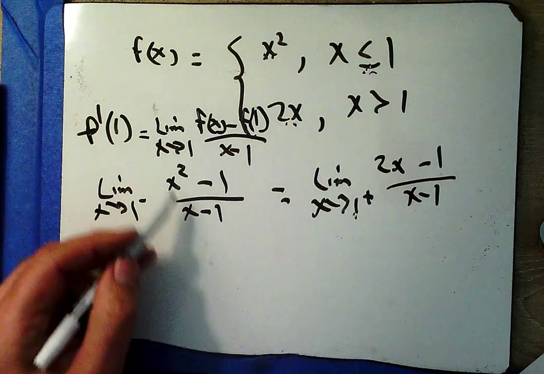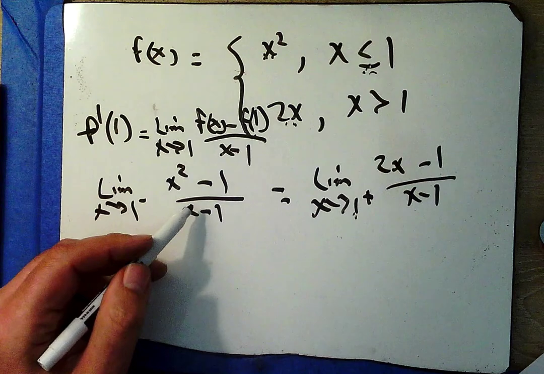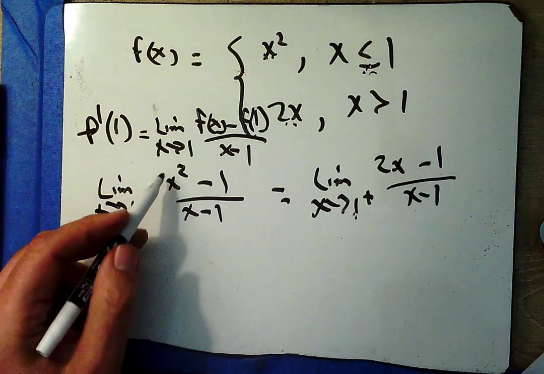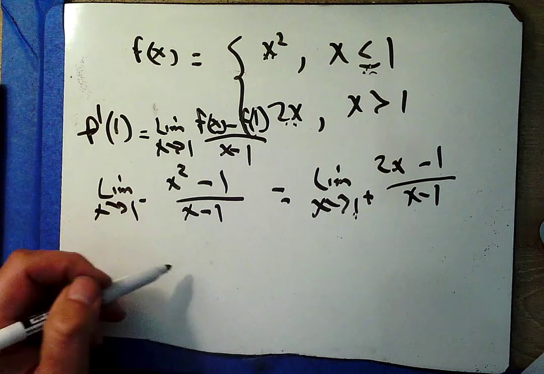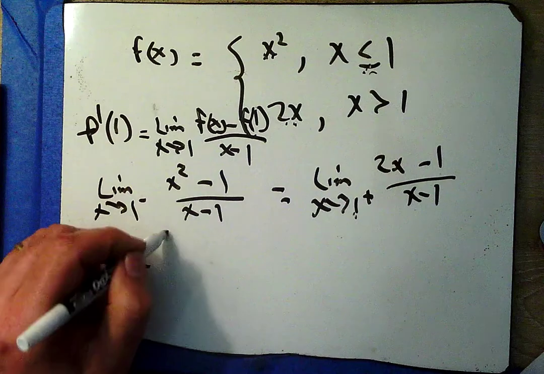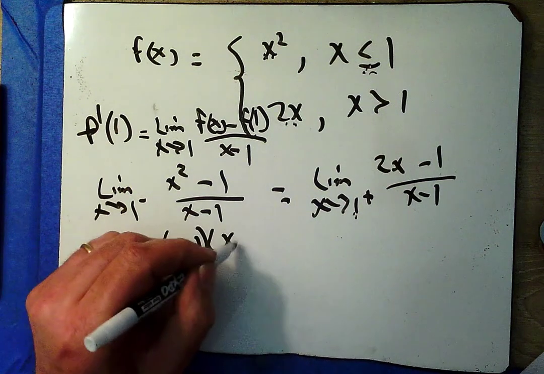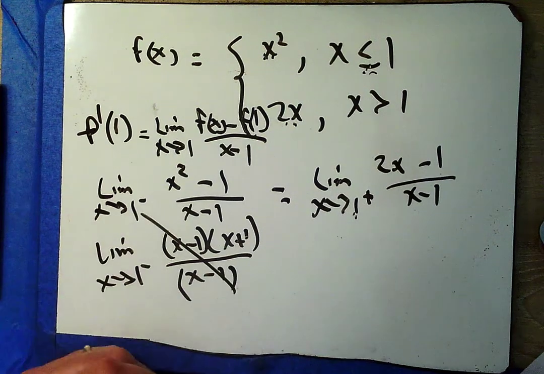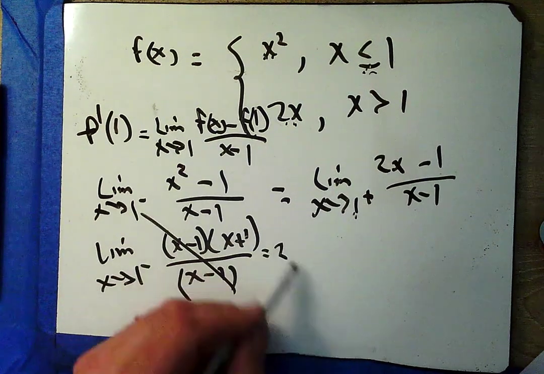Okay, well here I can't do my direct substitution yet because I would get 0 over 0. But I can say the limit as x heads to 1 from the negative side of x minus 1 times x plus 1 over x minus 1. These would cancel, and now I can plug in my 1 and get 2.